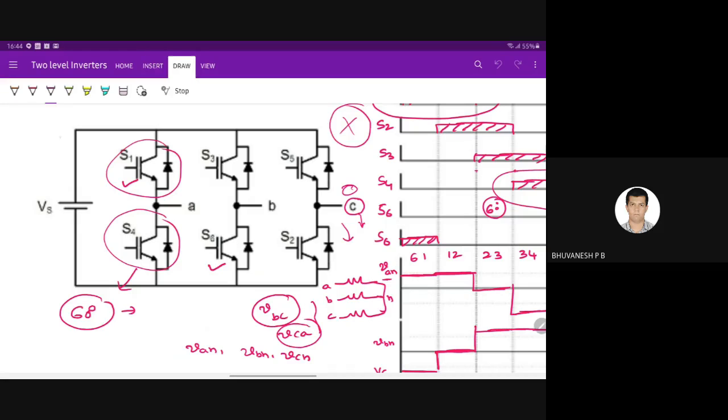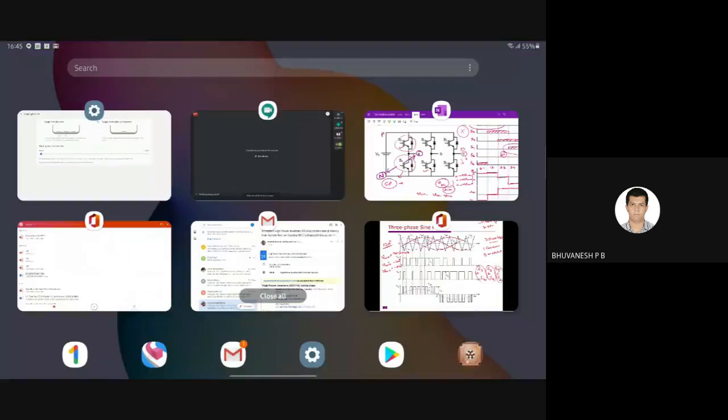This is the positive DC bus and this is the negative DC bus. We are measuring voltage VAN, so A phase with respect to the negative DC bus. When the upper switch S1 is on, VAN is plus VS. When the bottom switch is on, it is 0. You have two voltage states, either VS or 0, which we already discussed.